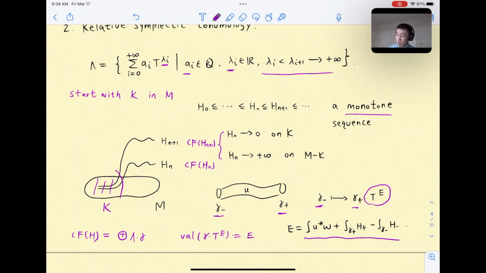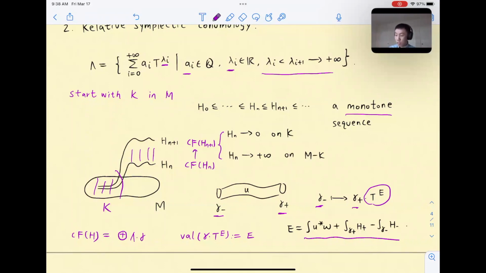But suppose we consider the continuation maps, then this number is always non-negative since we assume this monotonicity. So suppose we have these continuation maps, by filling in those Hamiltonians in one-parameter families to connect H_n to H_{n+1}.